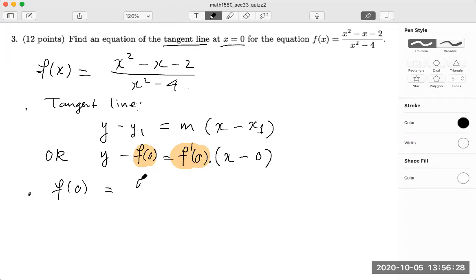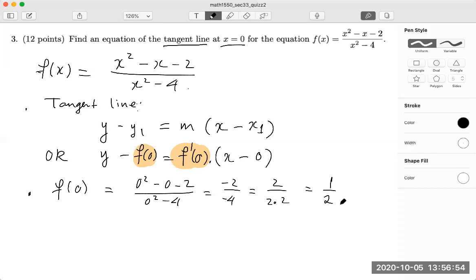Perfect. Let us do it slowly. 0 squared minus 0 minus 2 divided by 0 squared minus 4, which will be negative 2 over negative 4, and it will be negative and negative. 4 is 2 times 2, so 2 cancels with 2, which gives us 1/2. Very good.